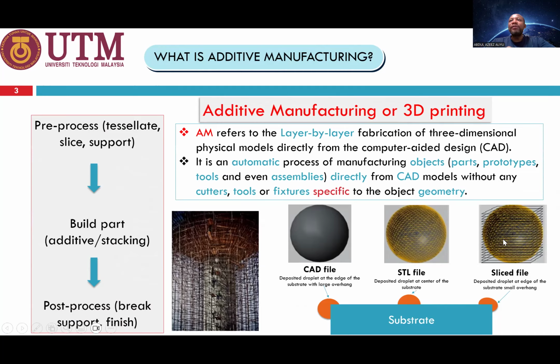Then you need to have a support. The support is important in such a way that it will help you in holding the components that you intend to produce. If you are depositing in the middle part of the substrate, this wouldn't be an issue.